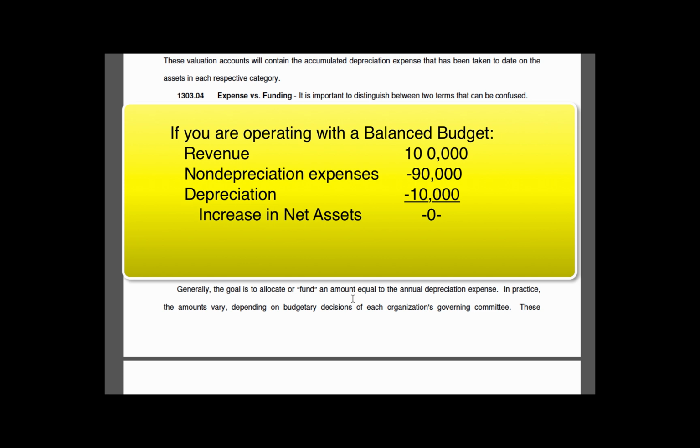So a donation comes in, I get the cash. And when I pay salaries, the cash is going out. Well, the exception is depreciation, because depreciation in any year is not using up the cash like the other expenses are doing.